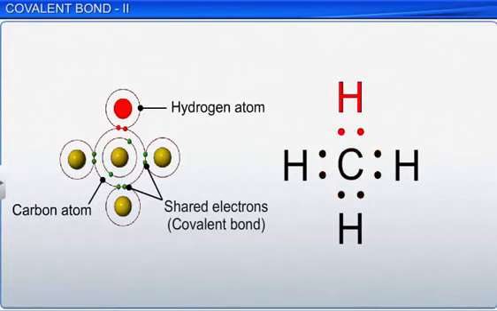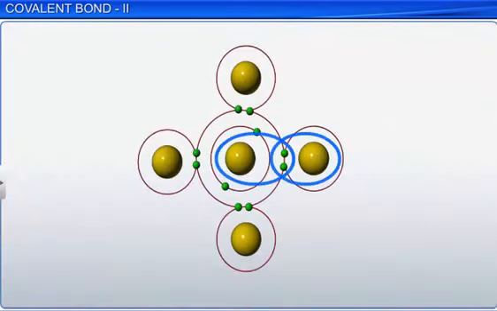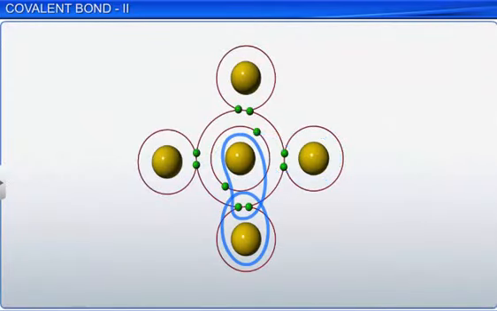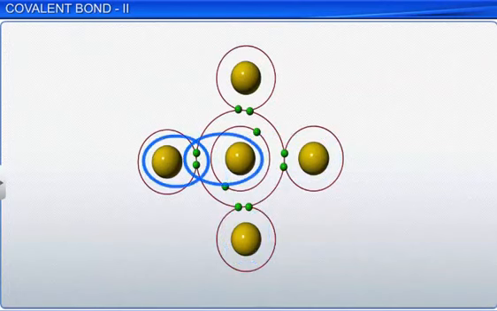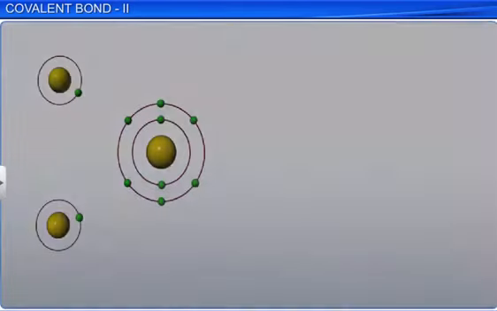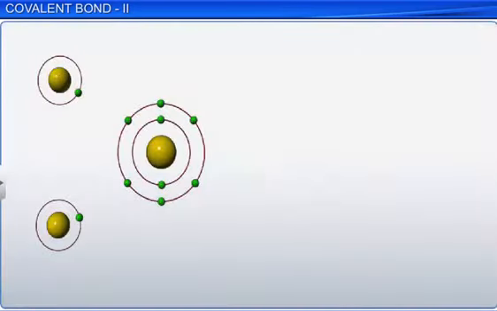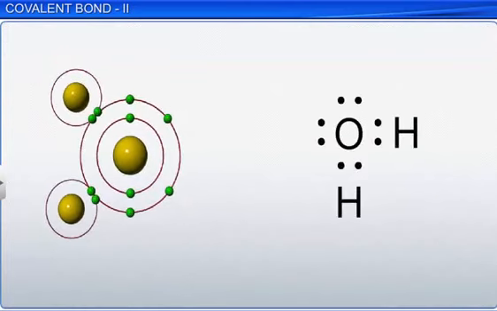For hydrogen, it is 2. Here, the nuclei of both the atoms keep attracting the shared electrons and do not give away any electron completely, unlike ionic bonding.